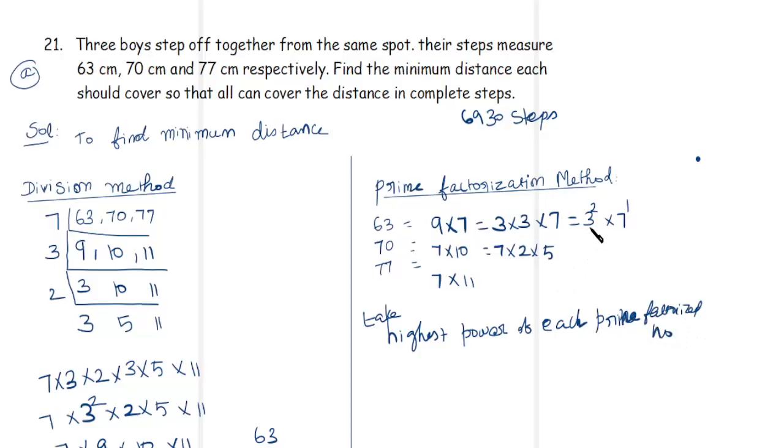Please note: 3 squared is the highest power of 3, 7 power 1 is the highest for 7, 2 power 1, 5 power 1, 11 power 1. After that we multiply 9 into 7 into 2 into 5 into 11, and we get the same answer, 6930. So these are the two methods: the first is the division method, the second is the prime factorization method.